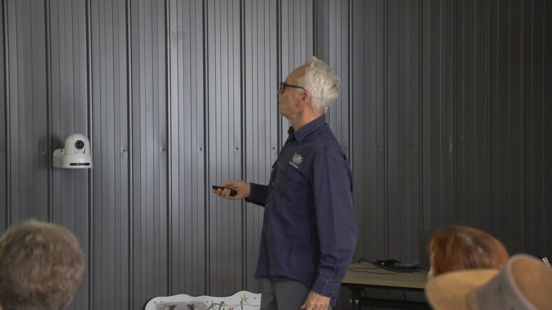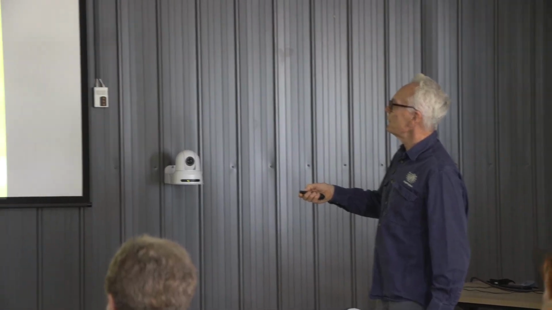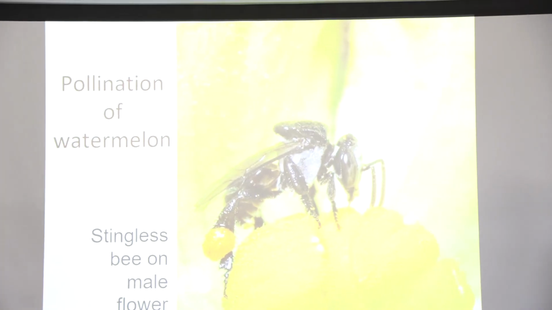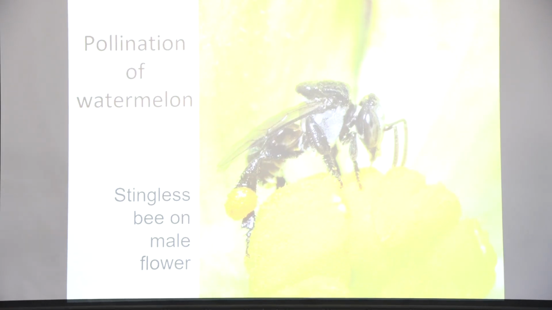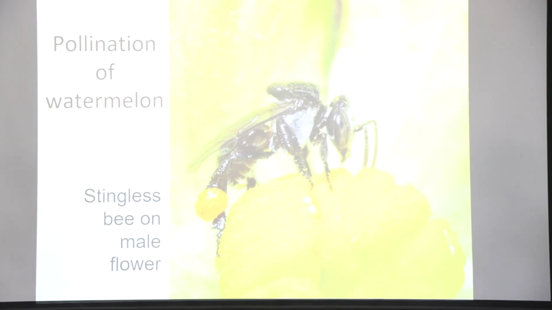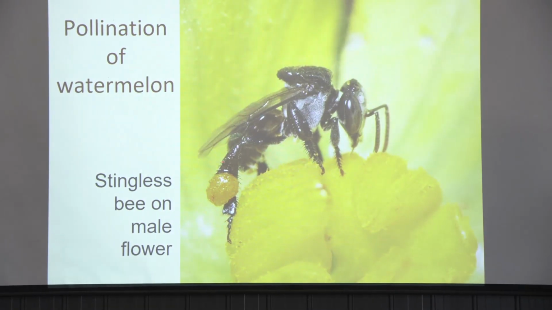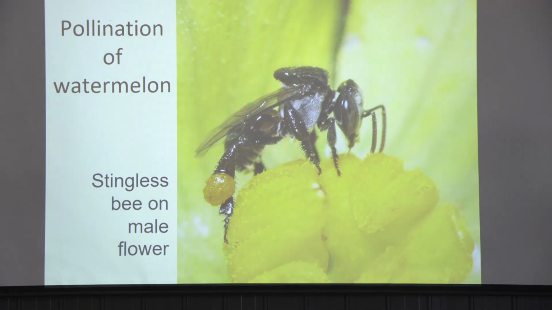Here's a stingless bee on a watermelon male flower. You can see it's loaded itself up. Now, I did mention that other bee before that's covered in pollen. Stingless bees, and honey bees for that matter, social bees that carry their pollen on their hind leg, often don't have as much pollen dusted on their bodies.